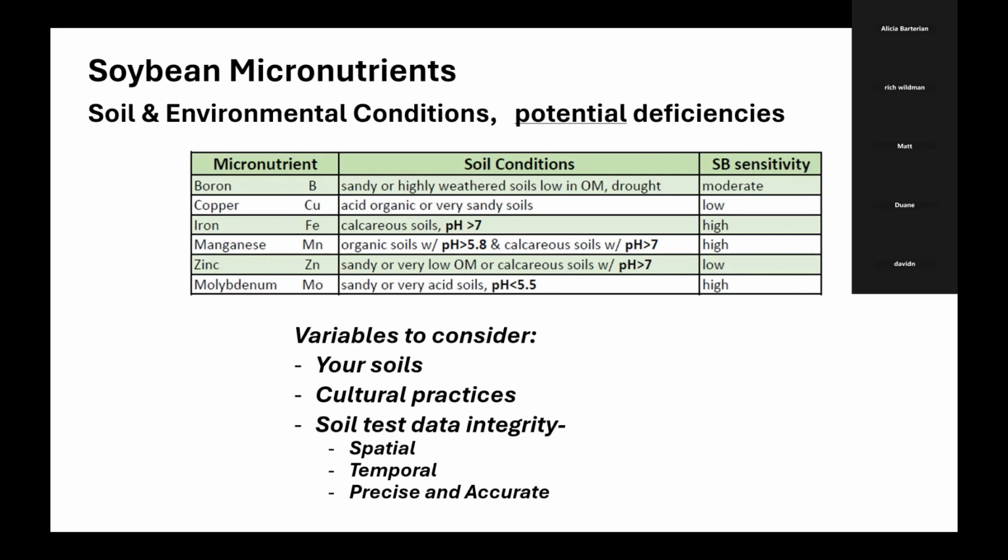So out of this entire package, if I was to say, okay, what micronutrient is most important? Probably manganese. And then zinc, if we have those conditions. If we go back to the crop sensitivity in that condition, it's relatively low. Again, if you've got a 5.5 pH out there, fine, don't worry about it.